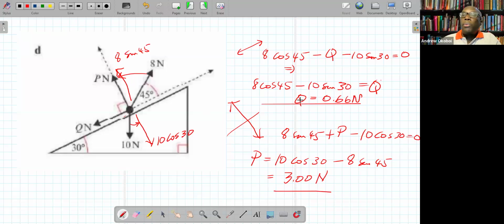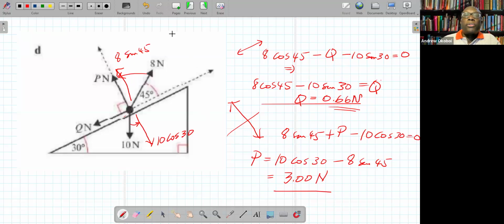Now, the simple way to check is to take this answer here and put it back in here and see if you put them in and get 0. So I'm going to take this 0.66, put it in. Sometimes you'll get an answer, but it will be very, very close to 0. Actually, let's do P because P is a nice round number.